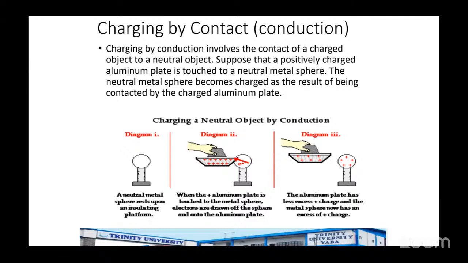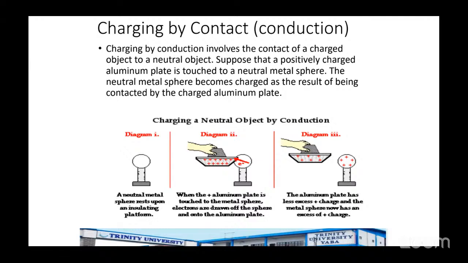You want to give it a positive charge. You bring a positive charge object in contact with it. When you bring a positive charge object in contact with it, remember what I explained before, there will be polarization of charges.